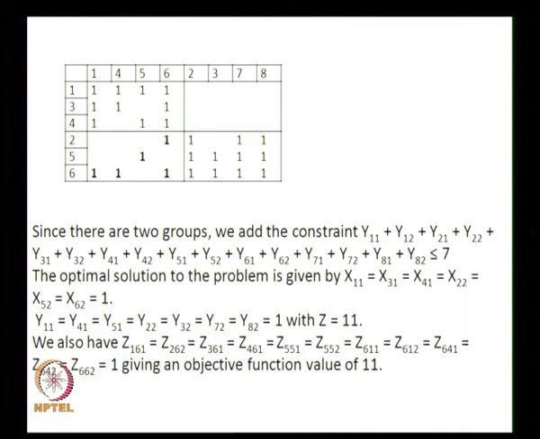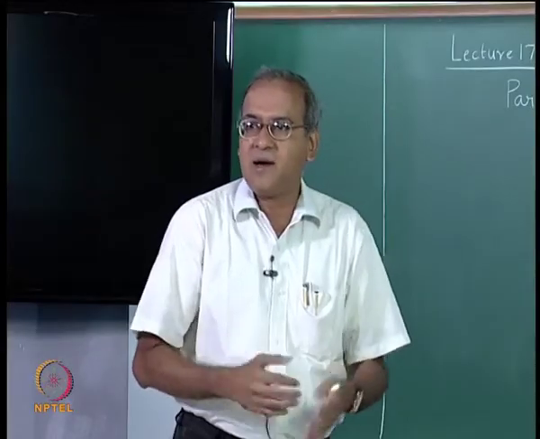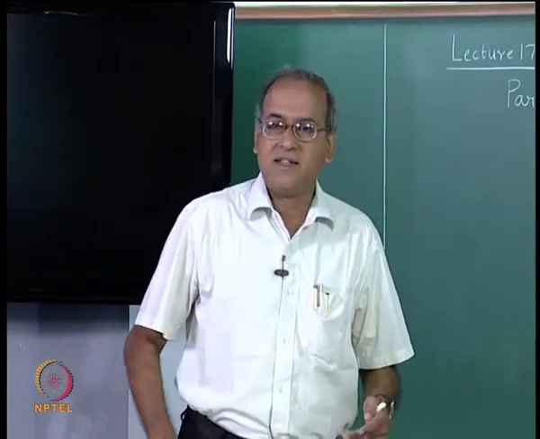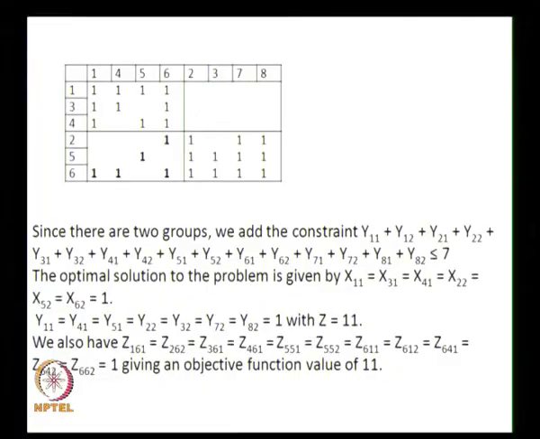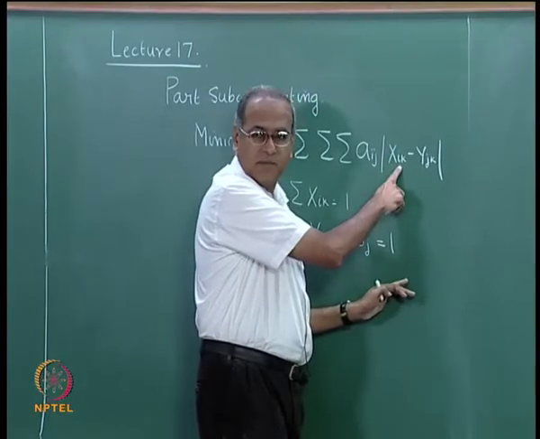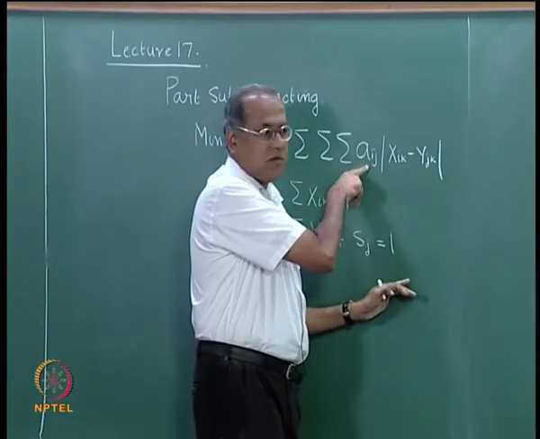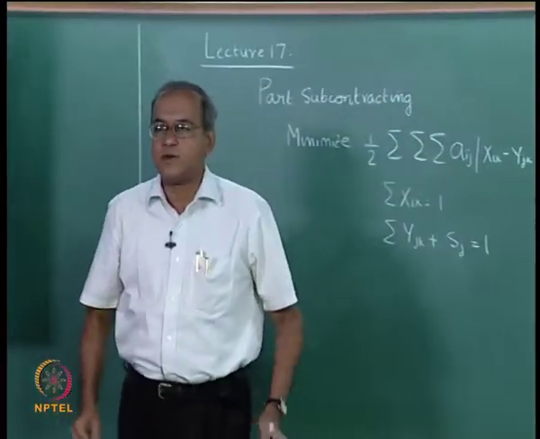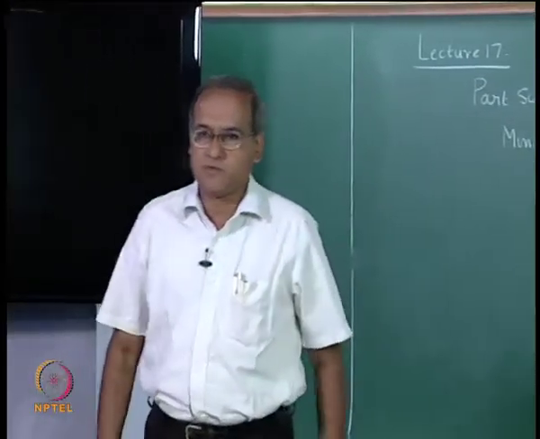So, ordinarily it will not allow all parts to be subcontracted, because this solution with 5 intercell moves is a better solution than saying all parts are subcontracted, and therefore, we will have that many intercell moves as the number of 1s. Because if all parts are subcontracted, all these are 0, but all these x I k's will have to take a value 1 somewhere, and these a I j's take value 1 at the relevant places. So, this will throw up a whole lot of intercell moves.